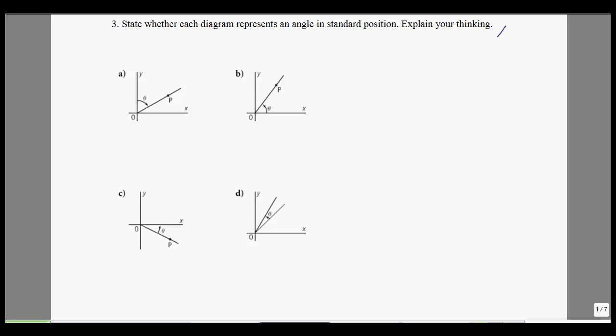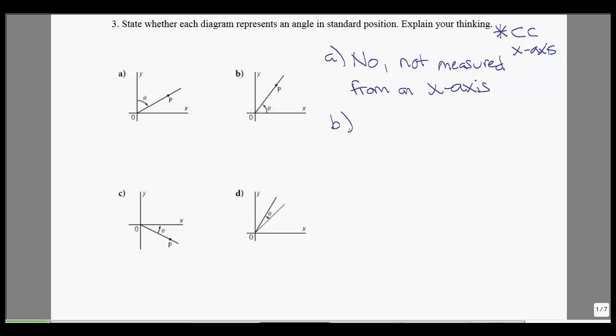So we know that when we're looking for angles in standard position, we're looking for angles measured counterclockwise from our positive x-axis. So, looking at A, we can see that our angle is measured clockwise from our y-axis. So A is no, not measured from an x-axis.